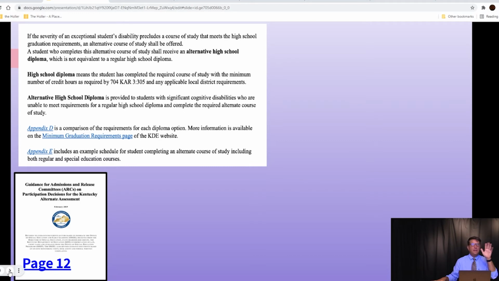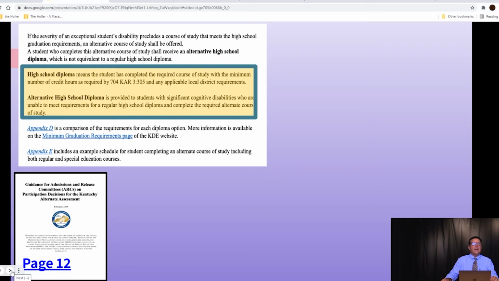We'd have an appendix with this guidance here on ARC participation decisions, and then Appendix E includes an example schedule for students completing the alternative course of study, including both regular and special education courses. So you're going to have that discussion about the difference between these two, and you're going to verify that the parent in fact understands the decision that's being made.